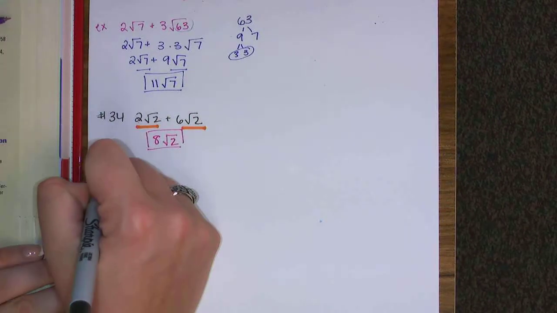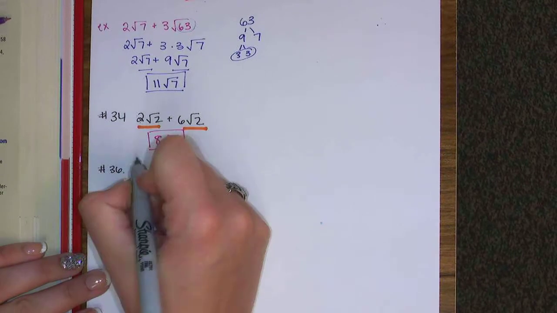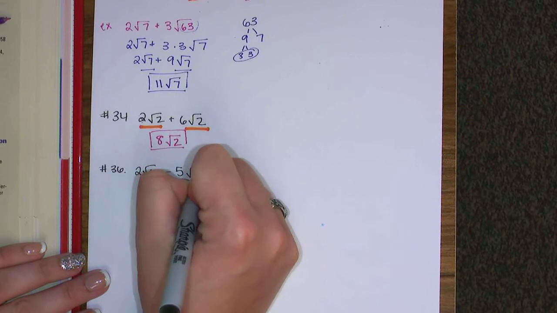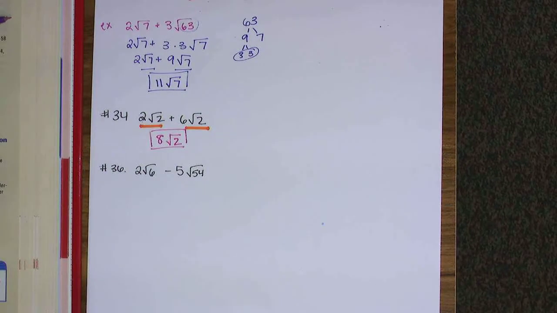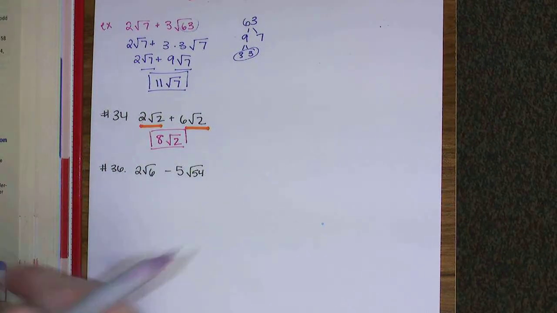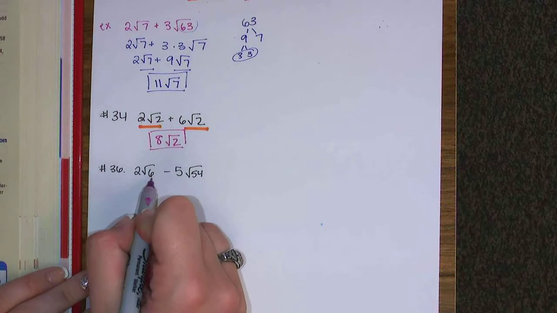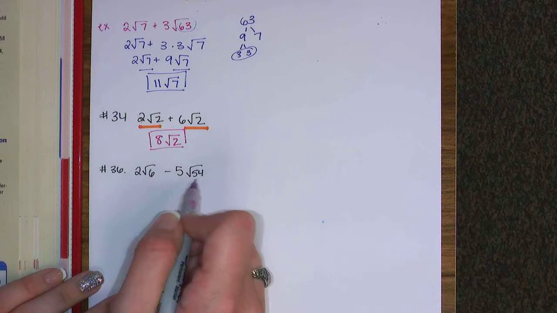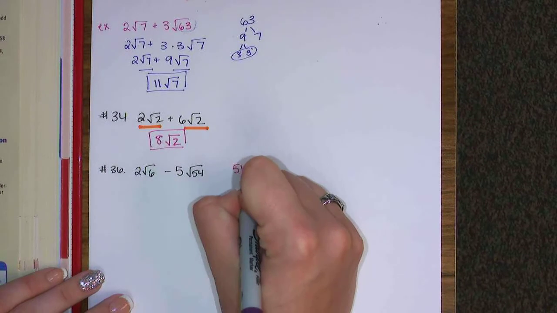Let's see, 36. 2 root 6 minus 5 root 54. So here, well, 6 is just 2 times 3, so I can't simplify that down anymore, so I'll leave it. 54, let's try to split it up.